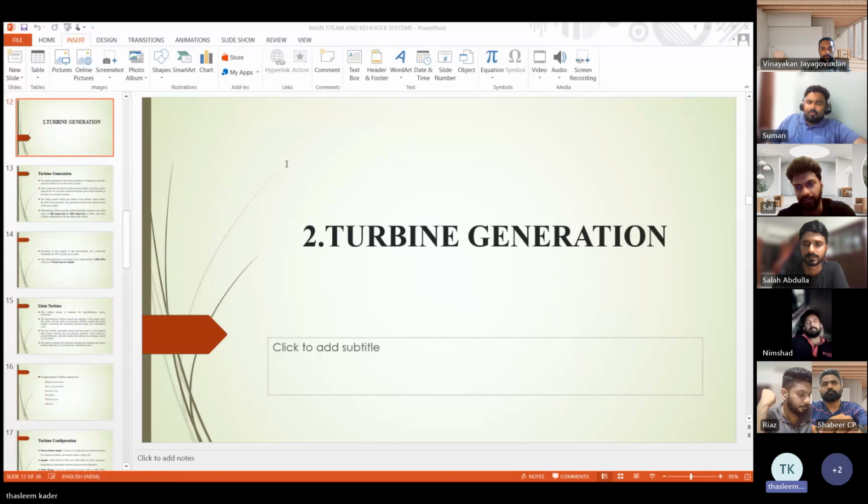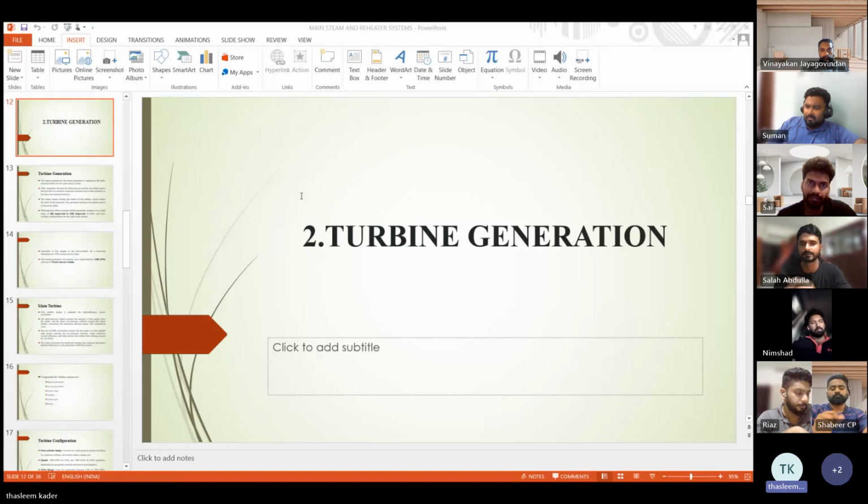The main components are the rotating turbine blades and a turbine shaft, a single shaft. It connects the high pressure turbine, three low pressure turbines and the generator in a single shaft. In every nuclear power plant, there will be one high pressure turbine and three low pressure turbines.